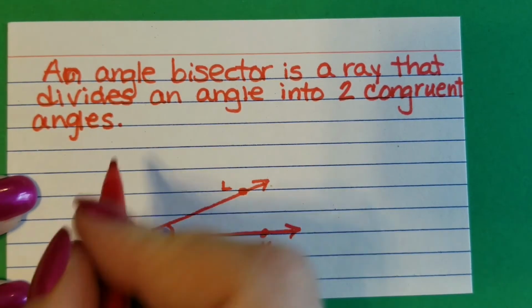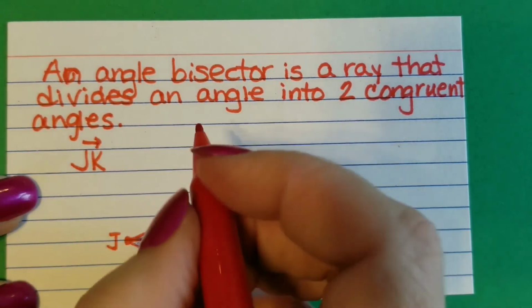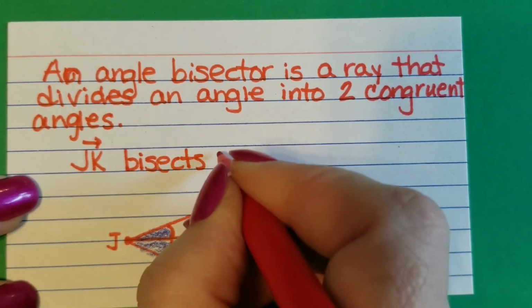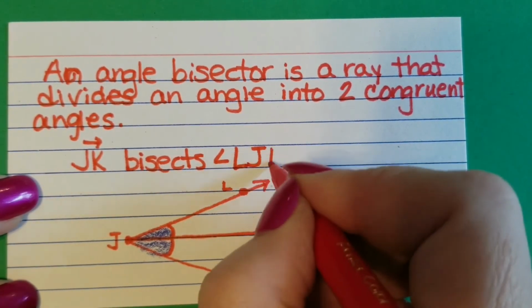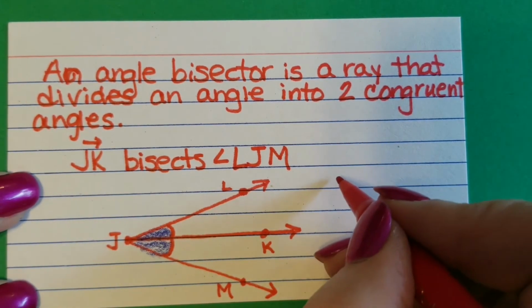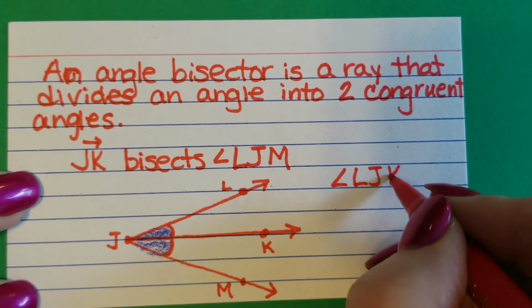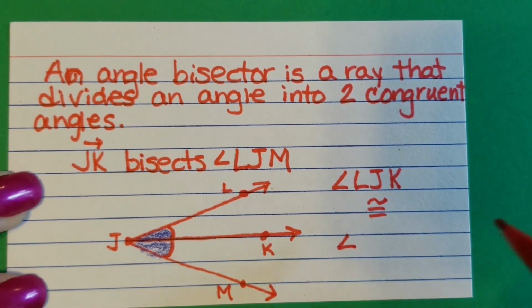So our ray JK bisects the angle LJM. And then we can say that angle LJK is congruent to angle KJM.